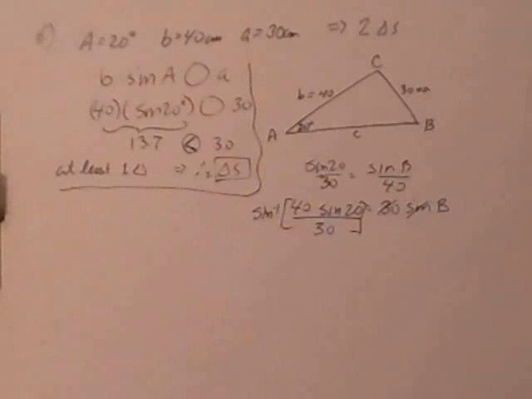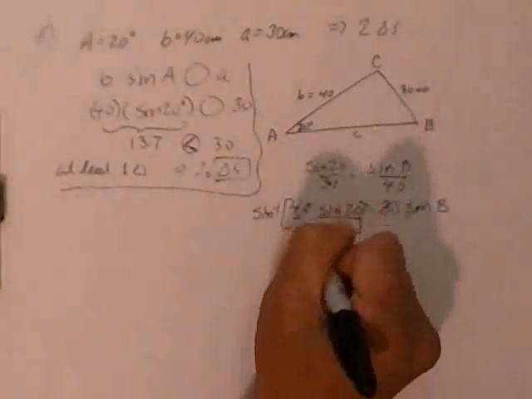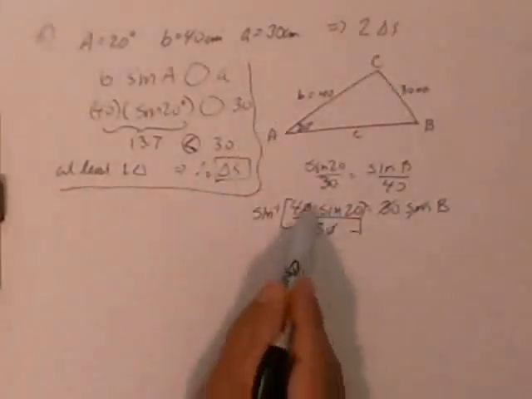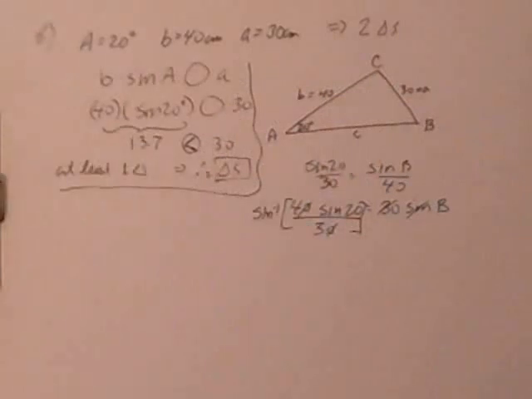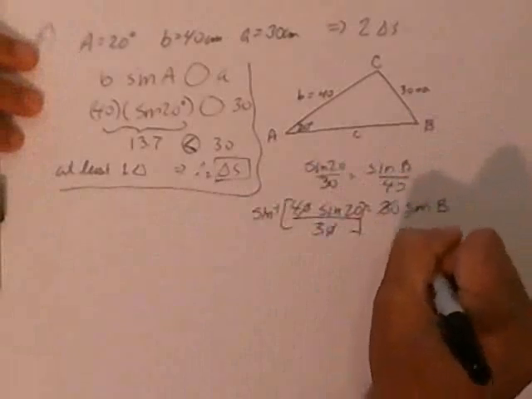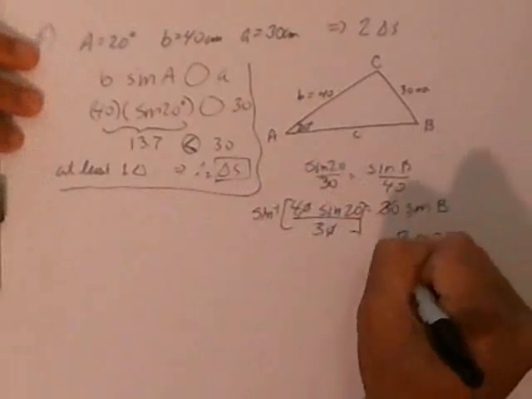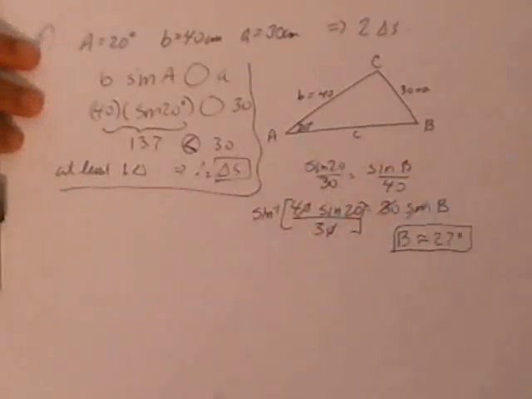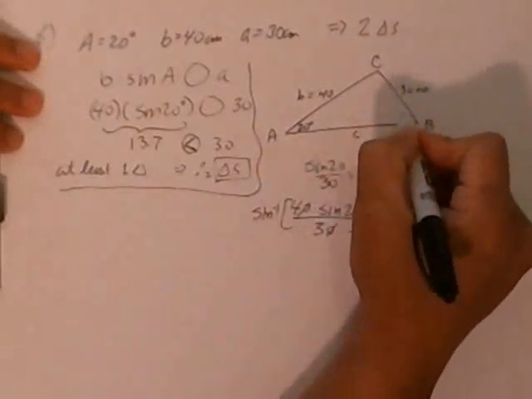Sine inverse of, I can get rid of the zeros in the front right here because they're being multiplied. 4 times the sine of 20 divided by 3. Approximately 27 degrees. And so that's 27 degrees.